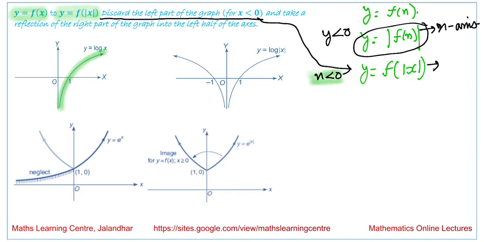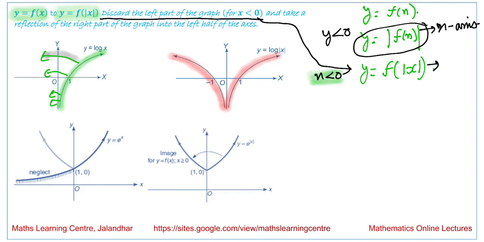Now next we have to reflect this whole right part onto the left portion. We reflect all these points over here, and the graph we obtain by this reflection is of this form. So this is the graph of the function y is equal to log of mod of x.